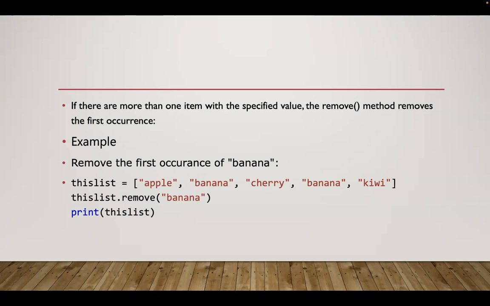So let's say you have 2 bananas and you use remove. What would happen is it's going to remove the first one and leave the second one. If you remove banana again, then it removes the second one. That we did yesterday, and I think we all saw that.